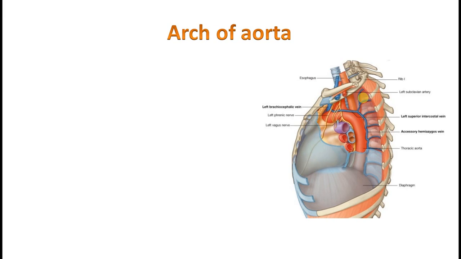So far we have discussed the definition and extent of the mediastinum as a whole. Then we discussed how the whole of the mediastinum is divided into superior and inferior mediastinum. Then the boundaries, extent and content of the superior mediastinum.